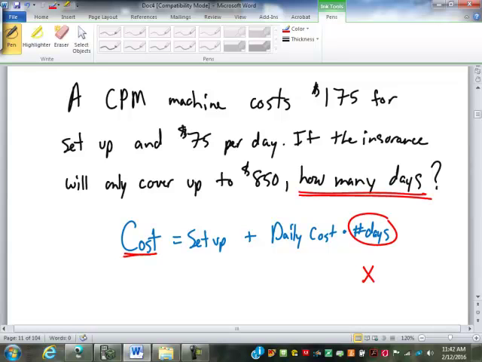Our total cost, the insurance company will cover up to $850. Setup was $175, and our daily cost is $75 per day.